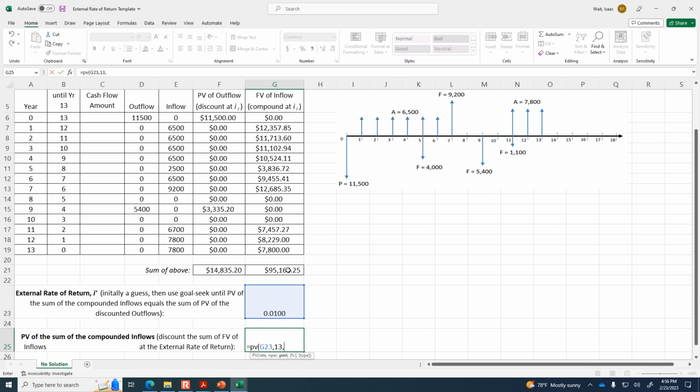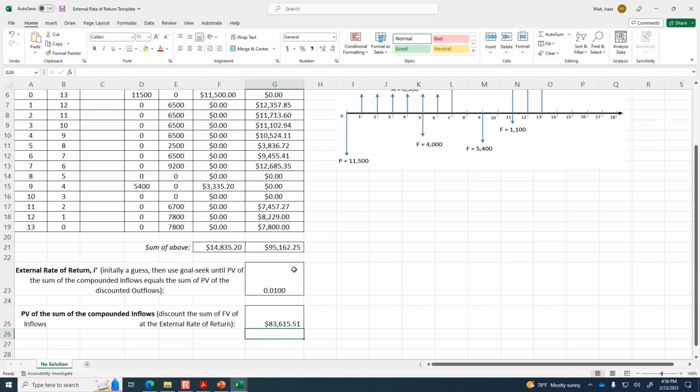That's a lump sum at year 13. So we skip over the PMT and we say minus of this amount in the future value field. Okay. So 83,615. We want to know what is the interest rate that makes that equal to this. So let me pause for a second, have you do that. Do goal seek, and the objective is keep changing the external rate of return until this amount equals 14,835.